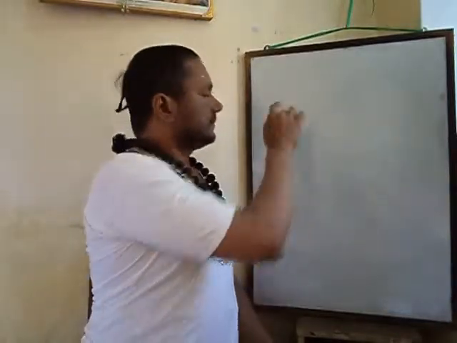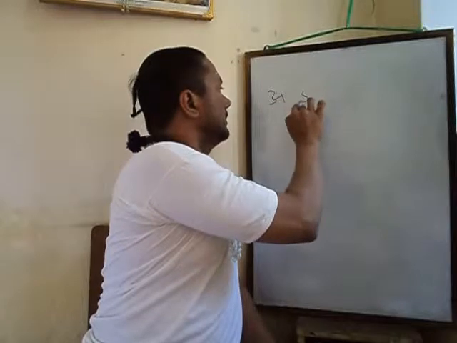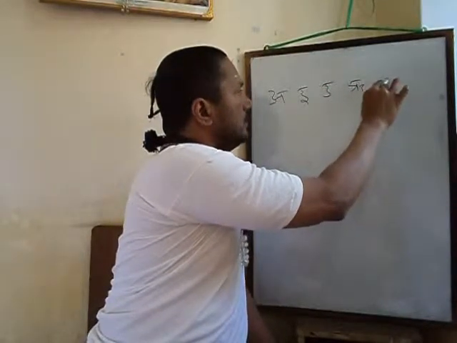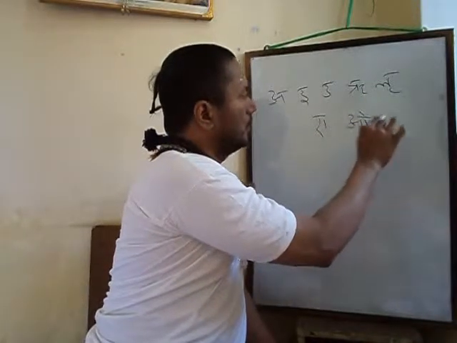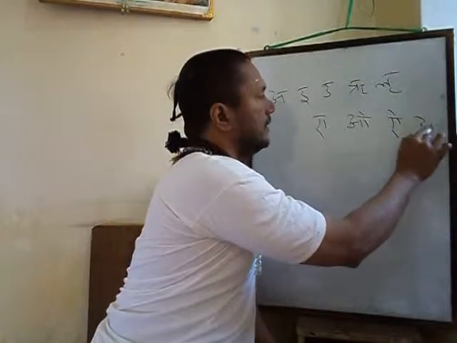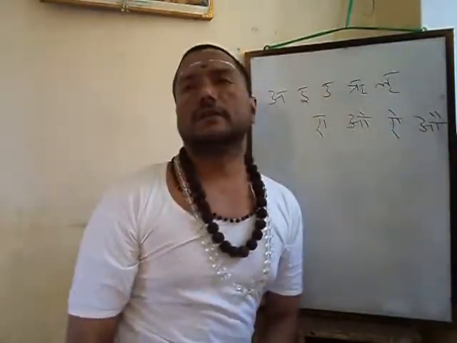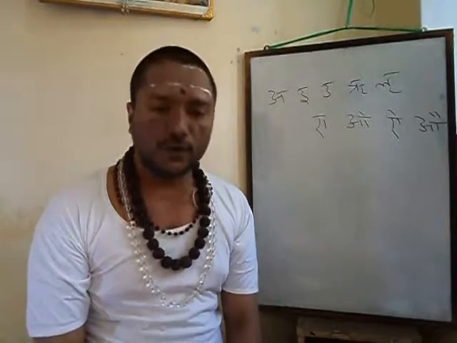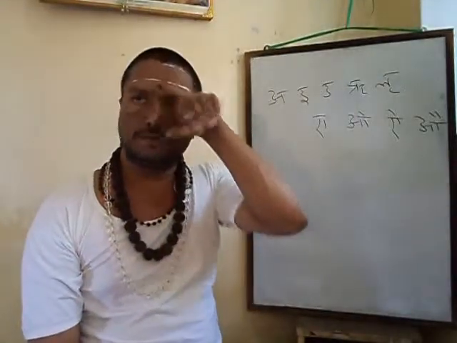So here we have the Maheshwara Sutra: I, U, R, R, A, O, I, O. This is Ach of Maheshwara Sutra. Now here we have 10 tenses and modes.